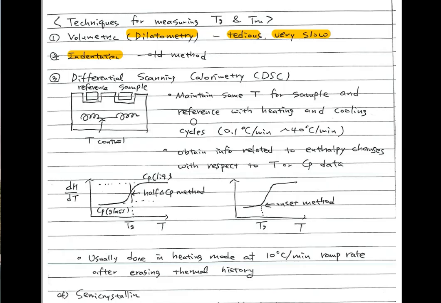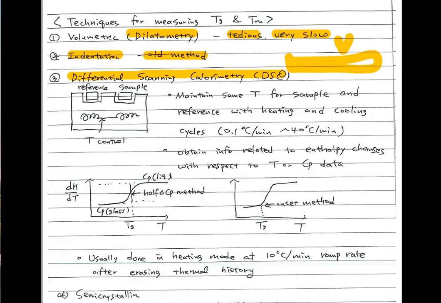You measure the mechanical property of a sample by poking it with a sharp edge as a function of temperature. If it's solid, it will be really hard to make a dent. But if it's flexible, then you can easily make a dent. This is also an old method, but it is still used. Nano indentation is widely used.